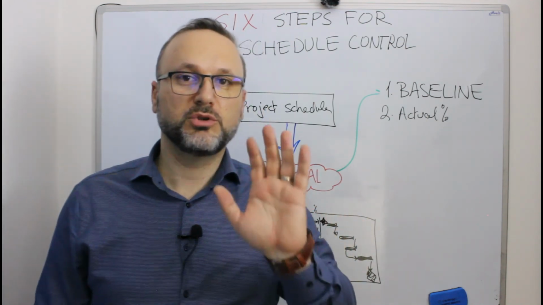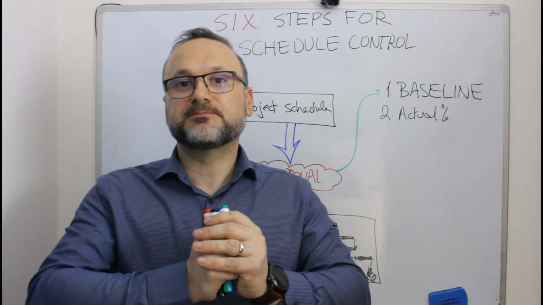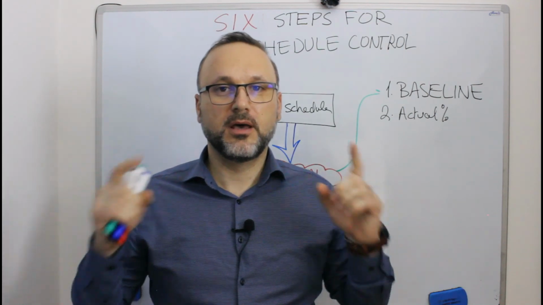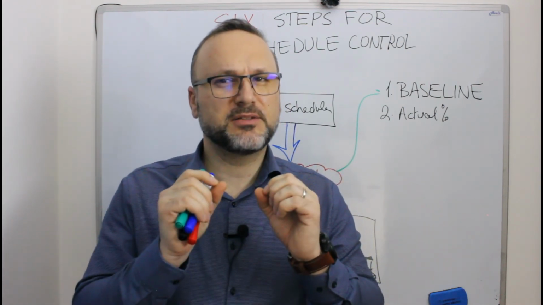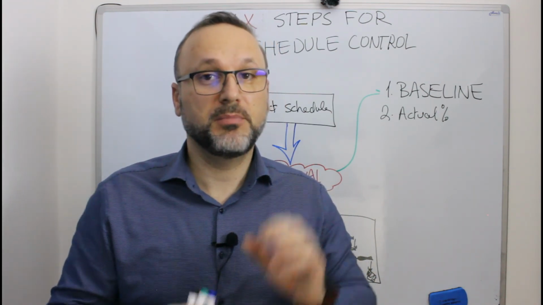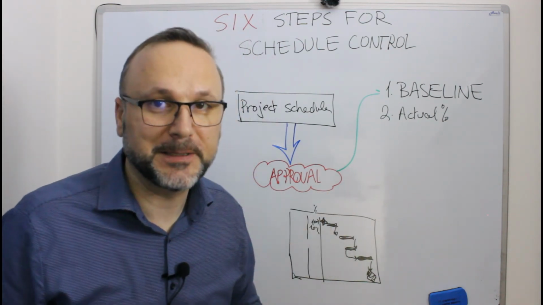This is wrong. Don't use this way. This is just a fast analog estimation. This estimation is critical, and it's very, very risky to you as a project manager, because the percentage completed could not be real.